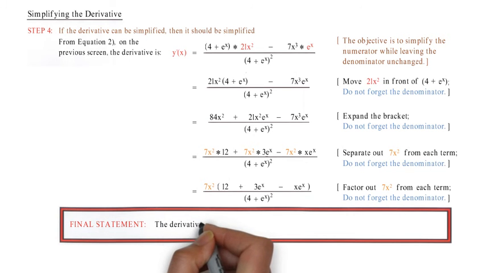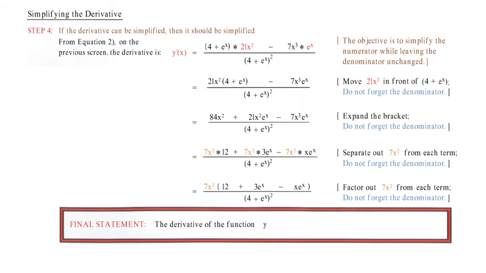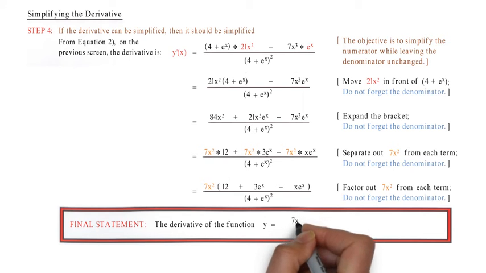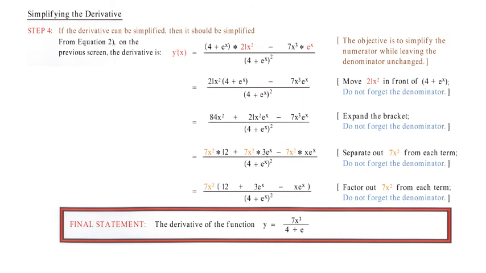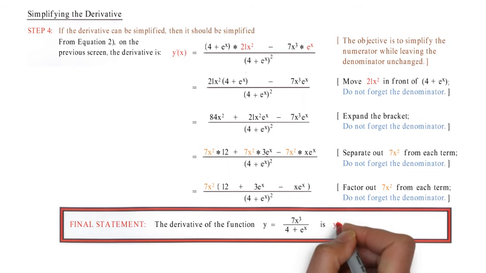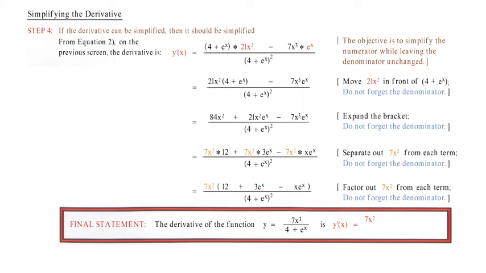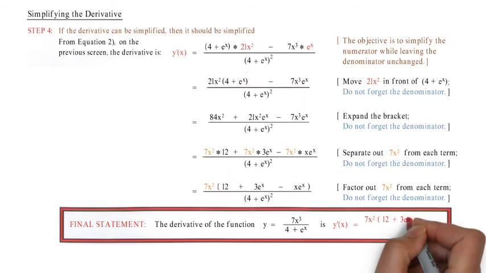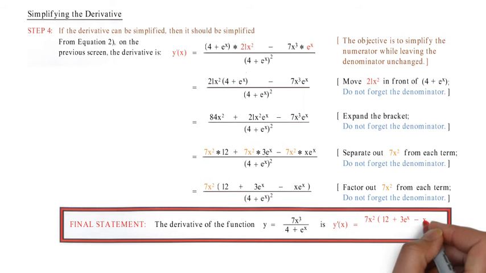The derivative of the function y equals 7x cubed divided by 4 plus e to the x is y'(x) equals 7x squared times 12 plus 3e to the x minus x e to the x, divided by 4 plus e to the x all squared.